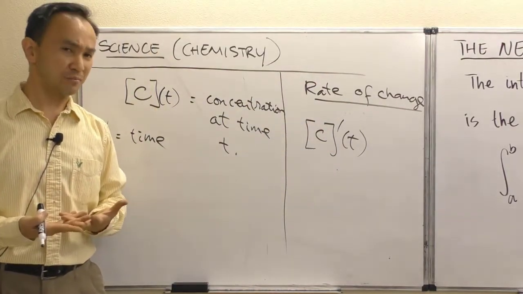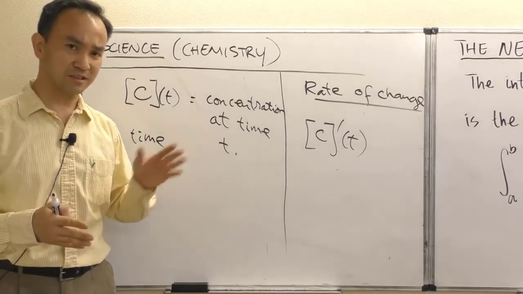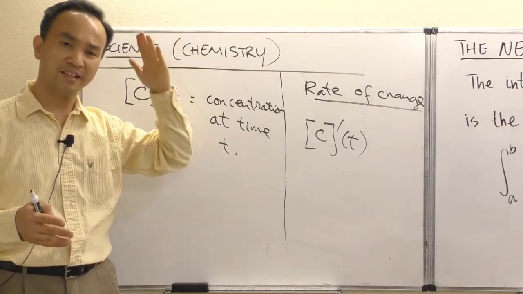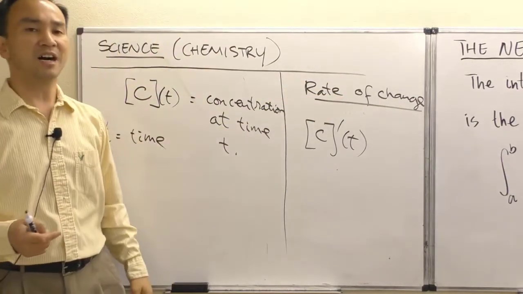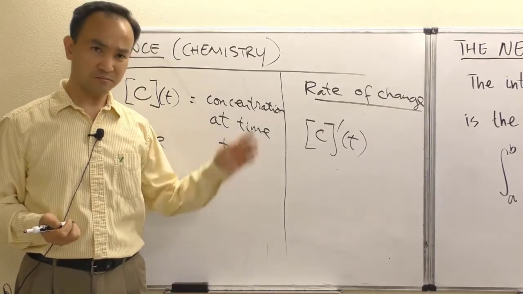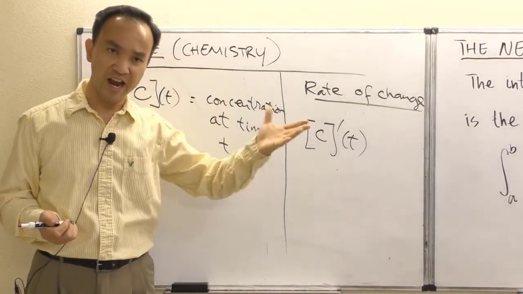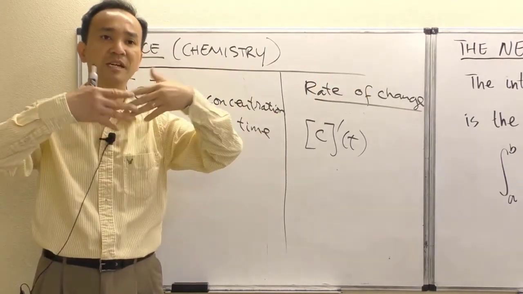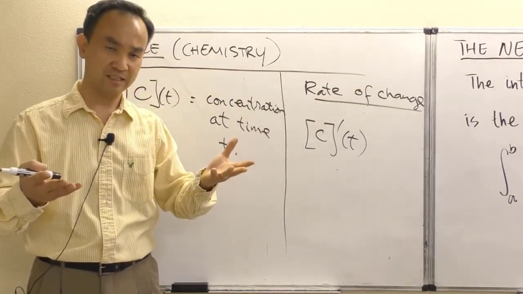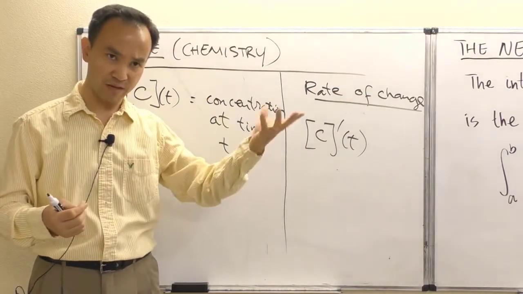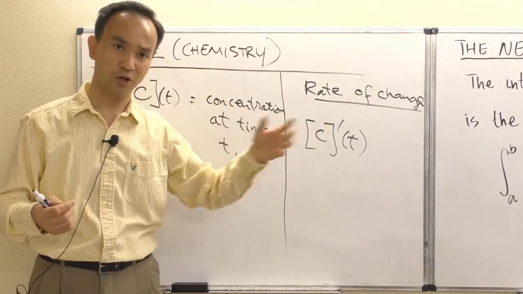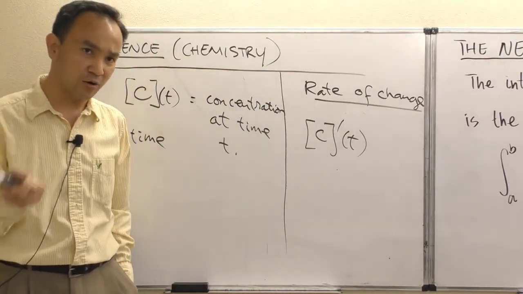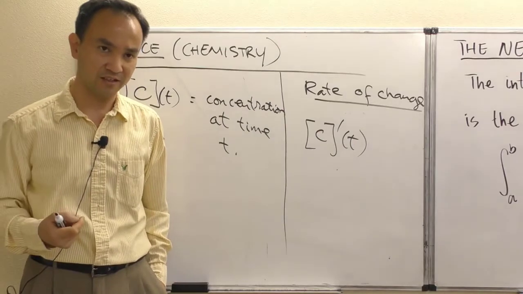I keep saying losing, but it doesn't always have to be losing, because right now I'm thinking about the forward direction of a reaction. As some chemical is losing itself, some other chemical is going to start being produced at the end of the reaction and come out. So the rate of change does not always have to be a loss. Some other chemical in a reaction can be gaining and keep being produced.